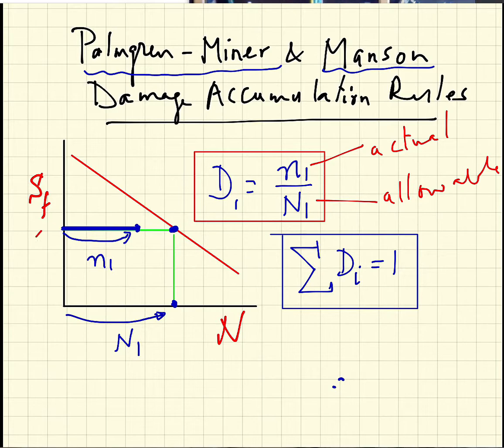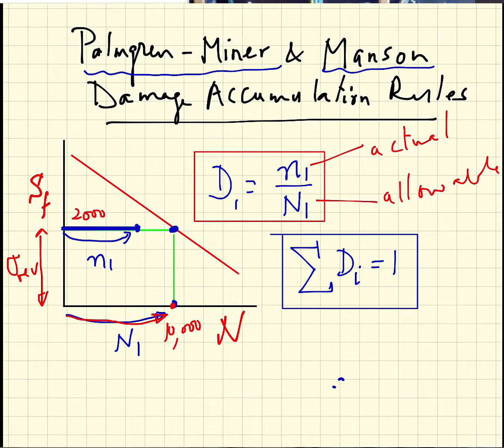So suppose that I have a fully reversed amplitude, sigma fully reversed, and I'm allowed capital N cycles, say 10,000 as an example, but I used only lowercase n1, suppose that this is 2,000.